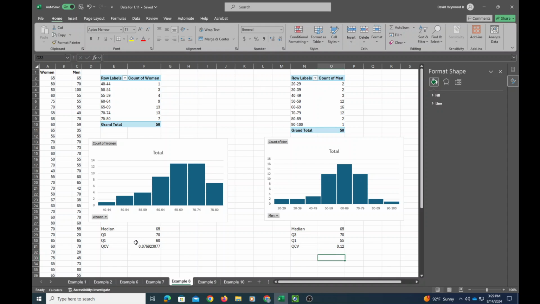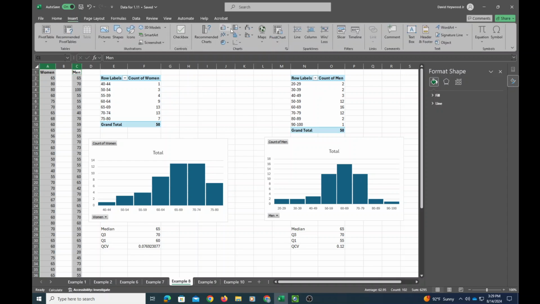Okay, so it looks like the men have a little bit more spread. Looks like the median age for retirement is about the same for each group. That's kind of interesting. Another thing we would want to look at would be a side-by-side box plot.